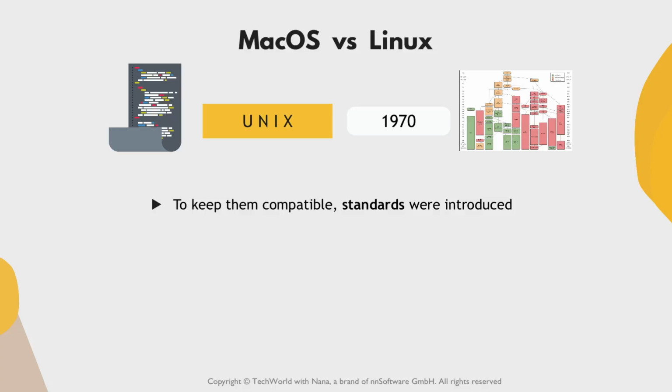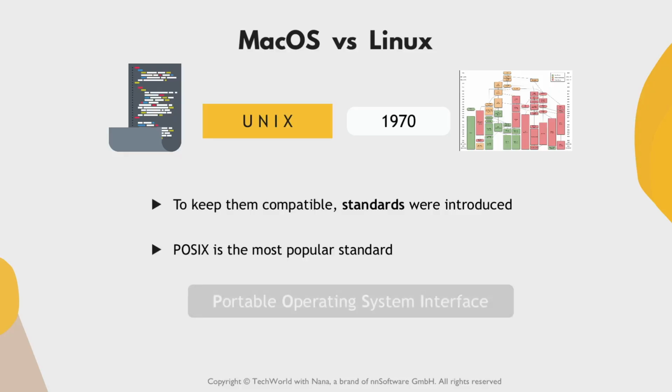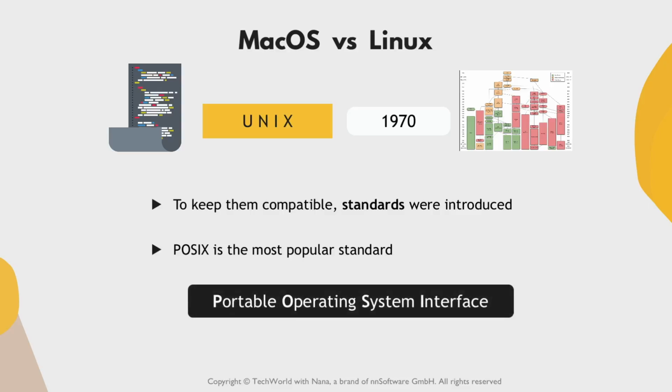So basically, this standard said that if an application is supposed to run on these operating systems, it should implement these specific APIs, it should have these functions, etc., so that you could run this application on different operating system distributions that all came from Unix. And one of the most popular standards, which we still have today, is POSIX, which stands for Portable Operating System Interface.